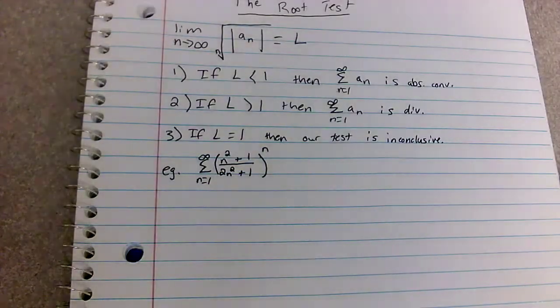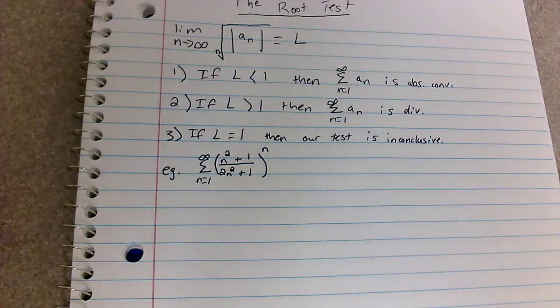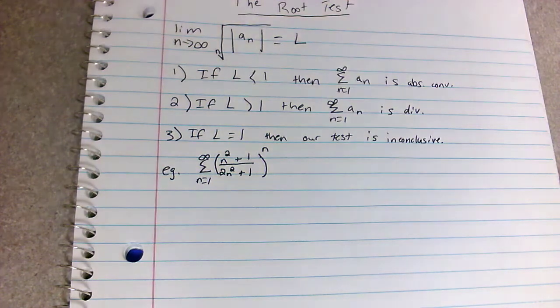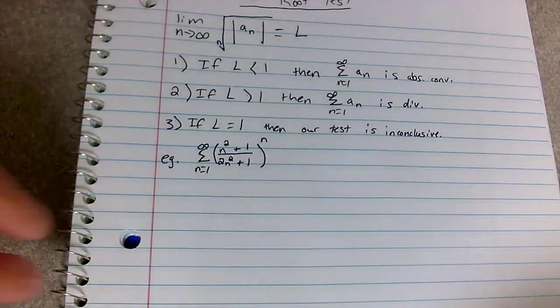So I think one key thing to go over here so that we can understand when we want to use the root test: the best time to use the root test is when you have a sequence where everything is raised to the nth power. So it doesn't have to be written pretty like this.